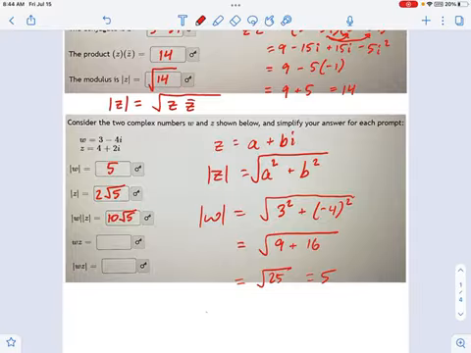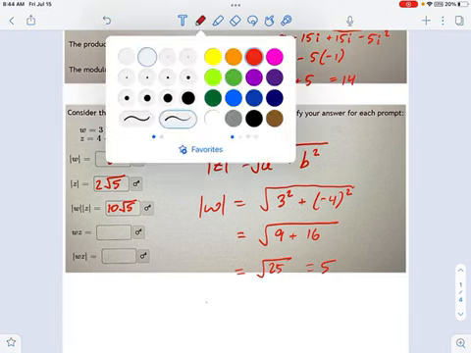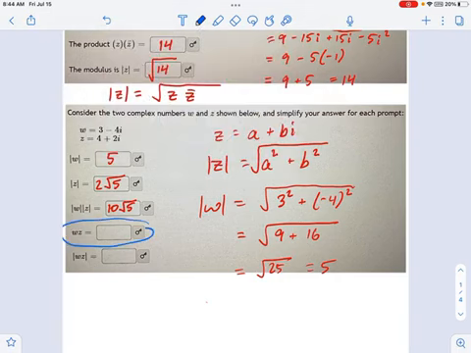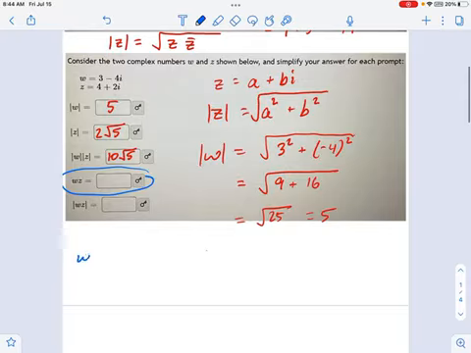Now, w times z, this is going to be complex right here. Let me emphasize what I'm working on right now. This one right here is going to be a complex number times a complex number, which is 3 minus 4i times 4 plus 2i. And there's no way around it.